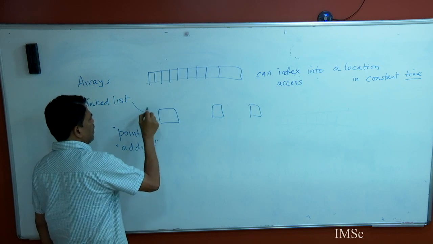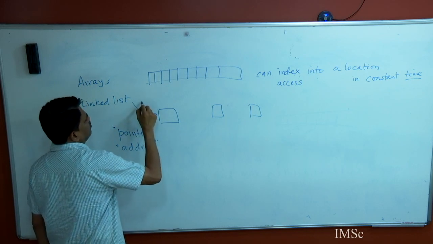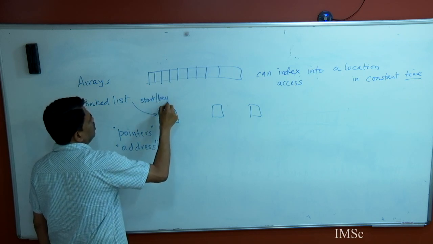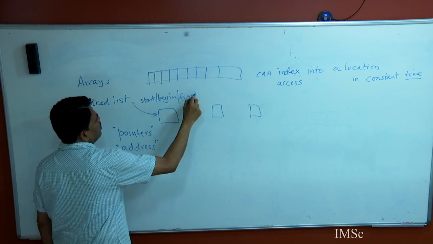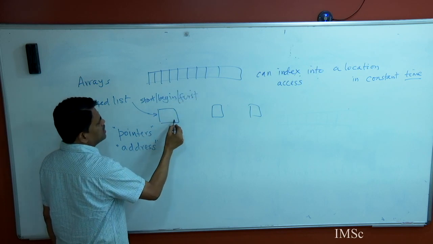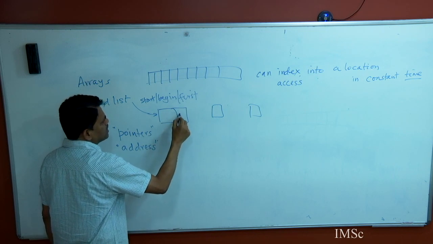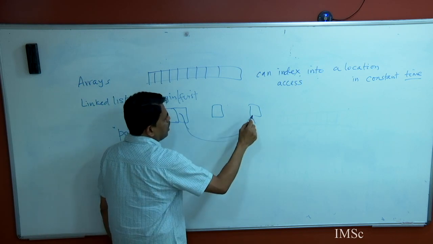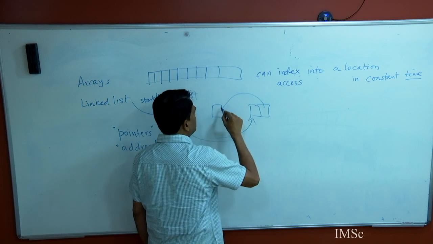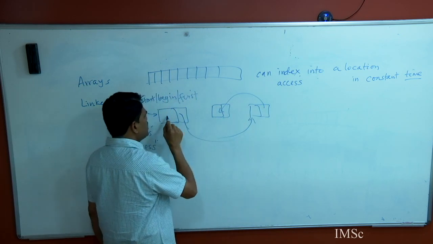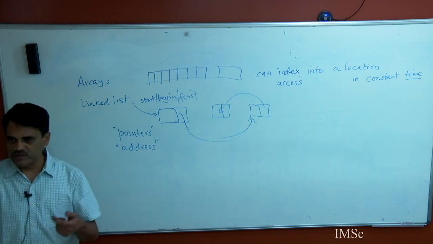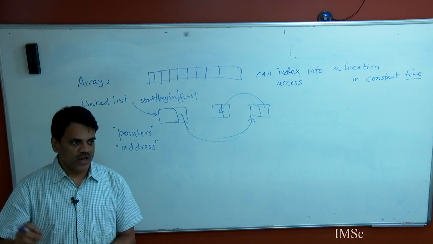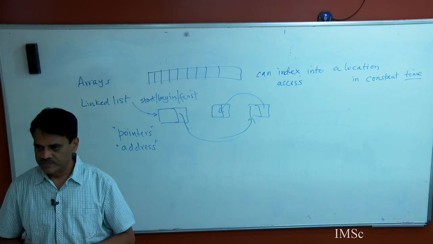So, there will be a start or begin or first element, and then who is next to this guy will be stored. There is a pointer which stores saying, this guy is next to me. Okay. Who is next to this is, there is an address which will tell you who is next to me, and so on. So, each of the cells now will have at least two values, a value, if you are trying to sort some numbers or something. In addition, it will store an address which points to who is next to it. Okay.